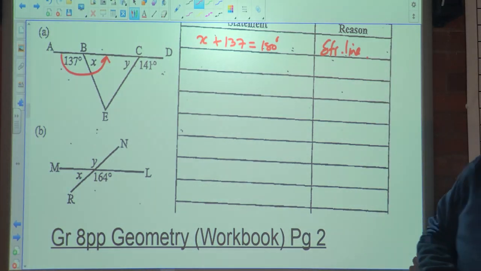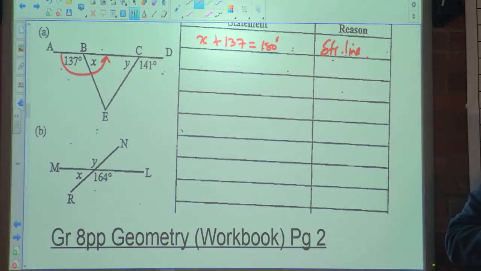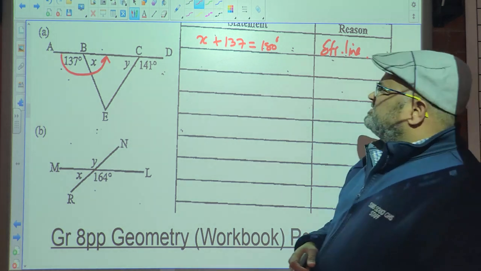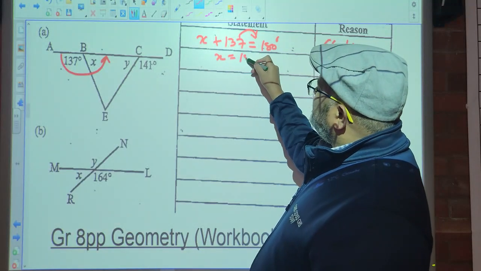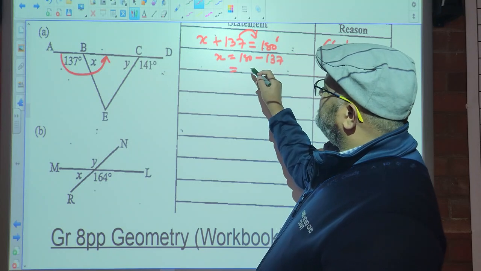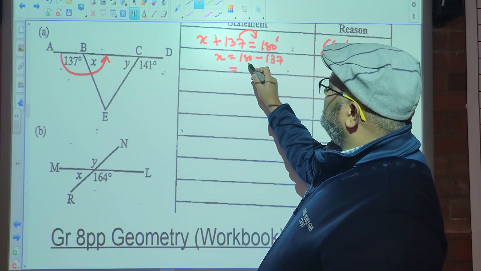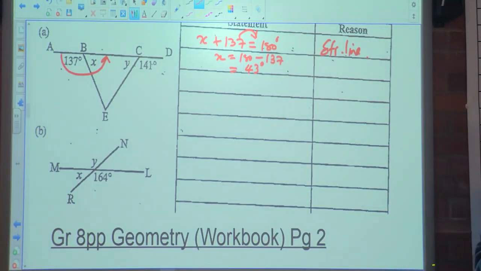Usually, if the reason I said is adjacent supplementary angles, should I have said adjacent straight line? Adjacent supplementary will also get you the full marks. Okay. So we take that over the equal sign, becomes a simple equation. So x is equal to 180 minus 137, which gives an angle of 43 degrees. 43, correct?